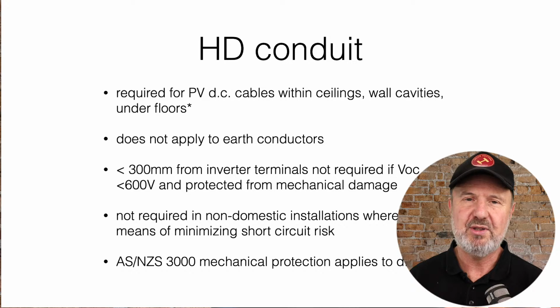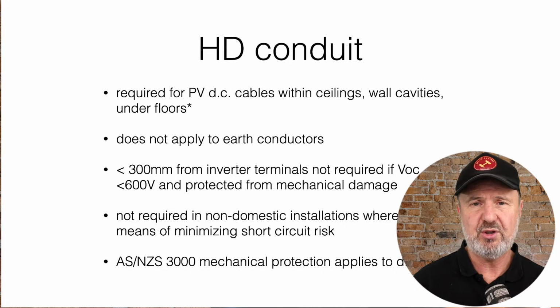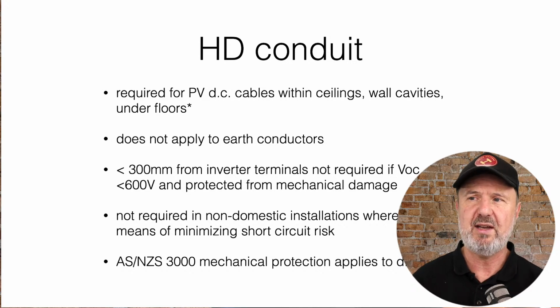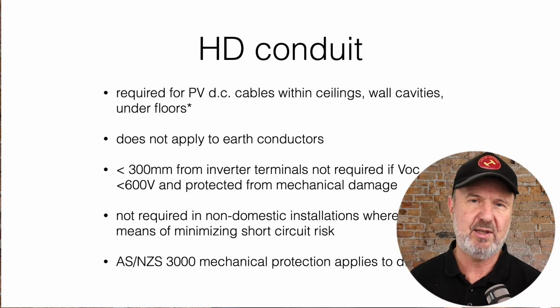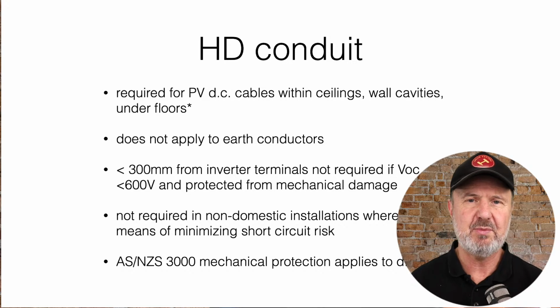There is a little exemption on the HD conduit requirements too, which is you can have up to 300 mils of DC cabling not inside conduit at the terminals of the inverter, as long as they are adequately mechanically protected and the system is below 600 volts. And that's really looking at it from an AS/NZS 3000 perspective.